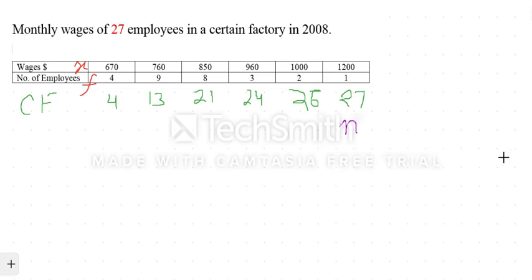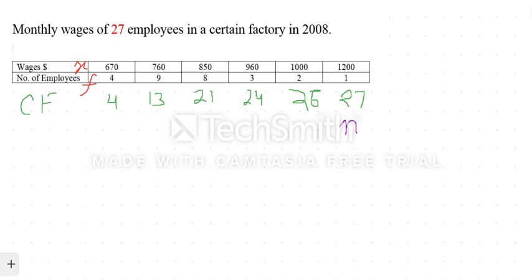Now we have to find which number is exactly in the center of this data. As the number of values is odd, it is 27. We already know that when the total number of values is odd, there will be exactly 1 number in the center of the data.